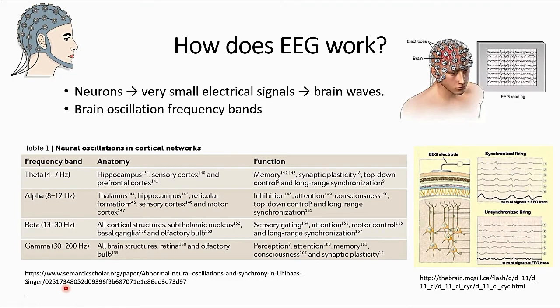How does EEG work? The brain contains billions of nerve cells, also called neurons. These neurons produce very small, tiny electrical signals that form patterns called brainwaves.